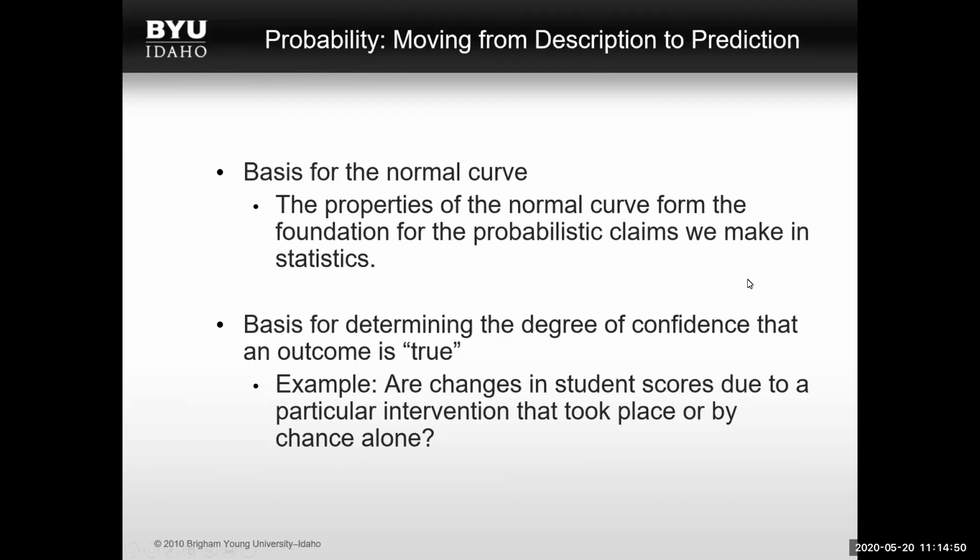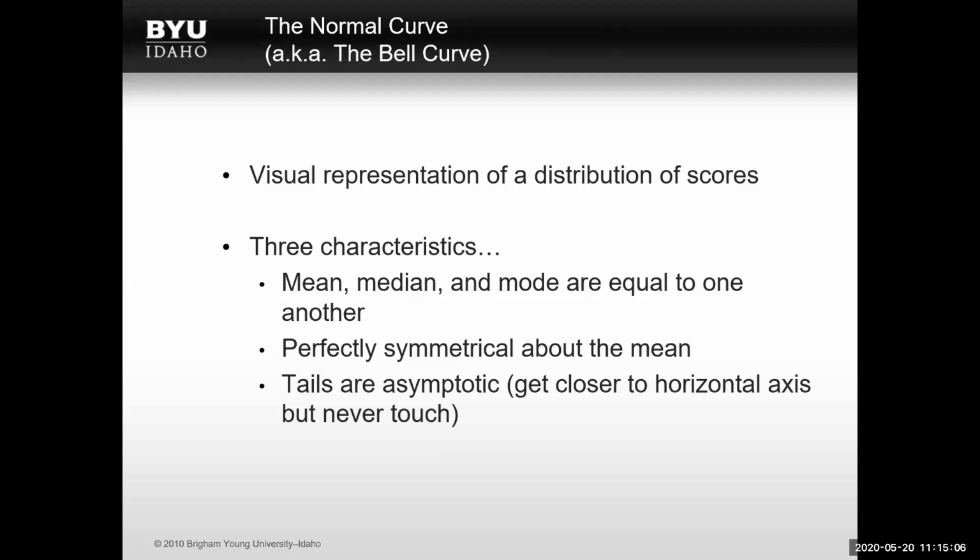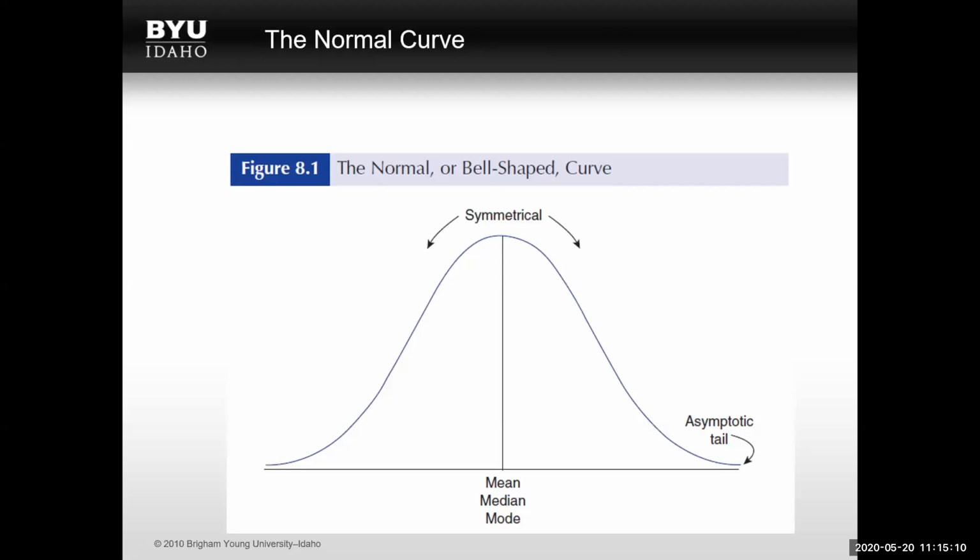Okay, so to understand what's going on here, you have to understand the properties of the normal distribution. Based on the properties of the normal distribution, we can figure out the probability of something occurring. So I'm just going to show it to you as a picture because it's easier to explain these properties with this picture.